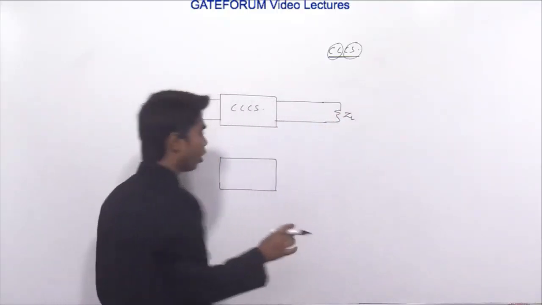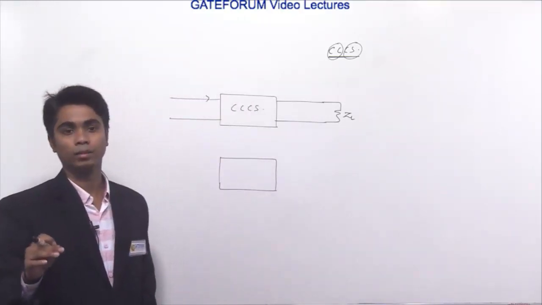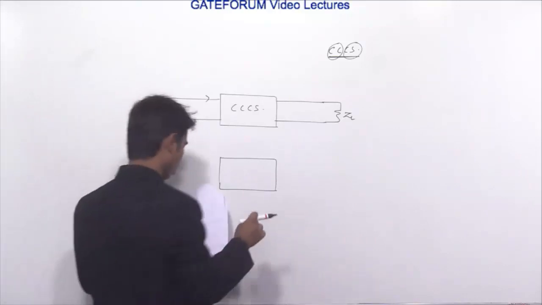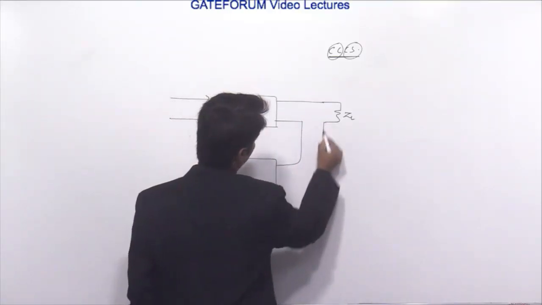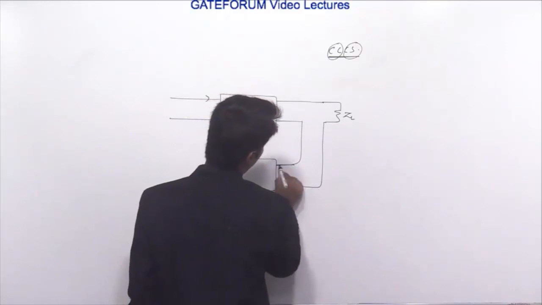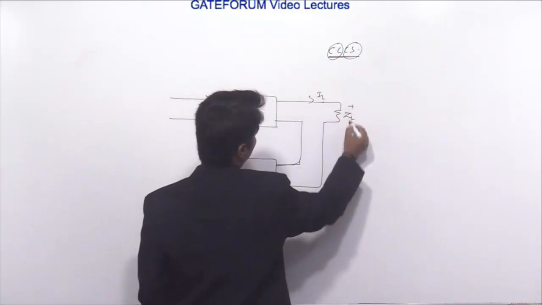In the output it is a current source, so at the output we are always doing sampling, and sampling means measuring. We know that the current is always measured in series, because the ammeter is connected in series. This will be the IL.